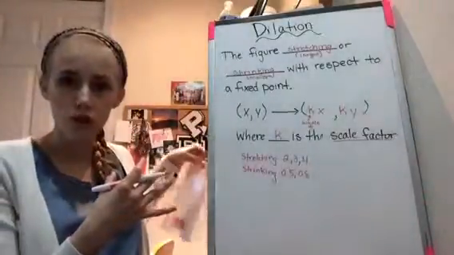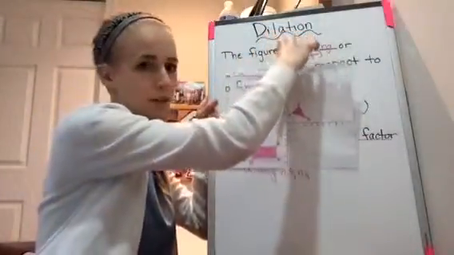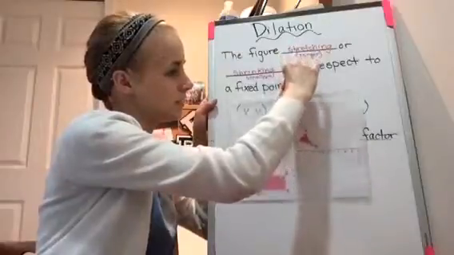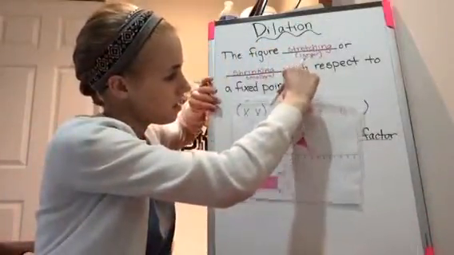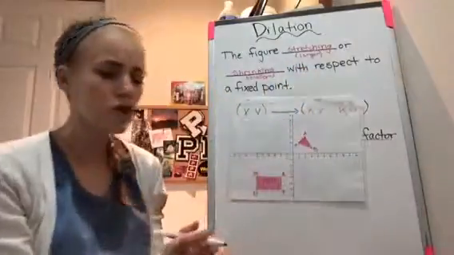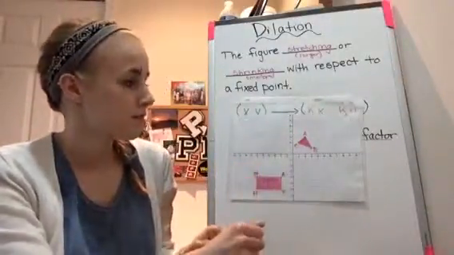So let's take a closer look. I put example 1 and 2 on the board, but let's just focus on the first one. Here is our triangle. We have the triangle ABC, and the points are the following.